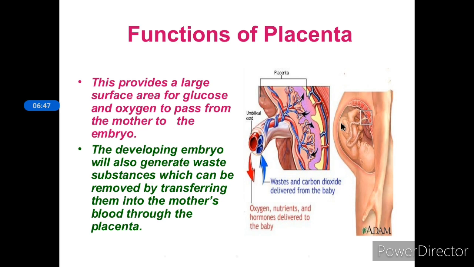And one more thing: the developing embryo also generates waste, right? That also has to be brought back to the mother's blood, and that is done by the placenta itself. So both oxygen and nutrition are delivered to the baby, and waste and carbon dioxide are delivered from the baby to the mother's blood.